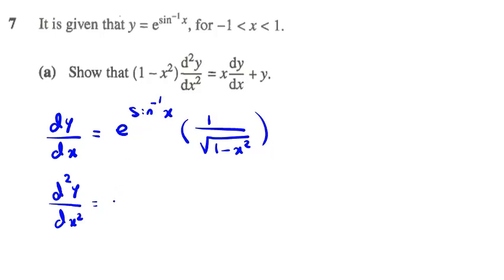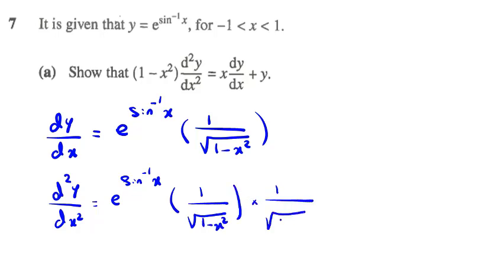If we differentiate, it will be e to the power of inverse of sine x times 1 over root 1 minus x squared times itself, plus e to the power of inverse sine x times the derivative of 1 minus x squared to the power of negative 1 over 2.